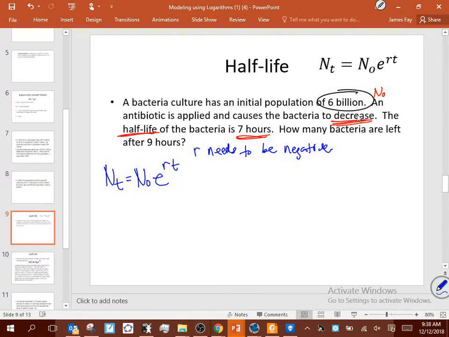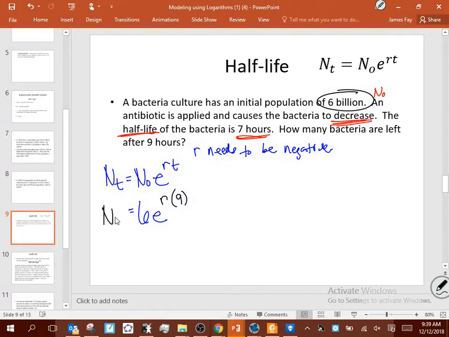But they do not tell me my rate of decay. Okay, so if I were to start filling things in based off of what we know here, it's asking me if I start with 6 billion bacteria, not dollars, bacteria. e is always e. Obviously, we said our interest rate, and I get money in my mind. My rate of growth or decay is r. I don't know that. It wants to know how many bacteria you're left with after 9 hours, right?